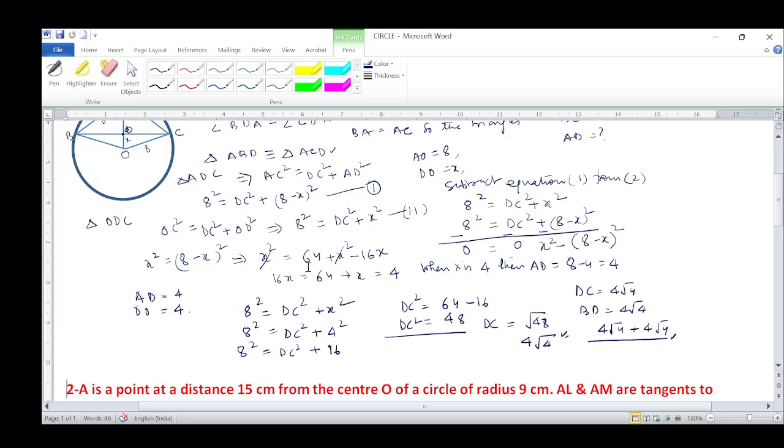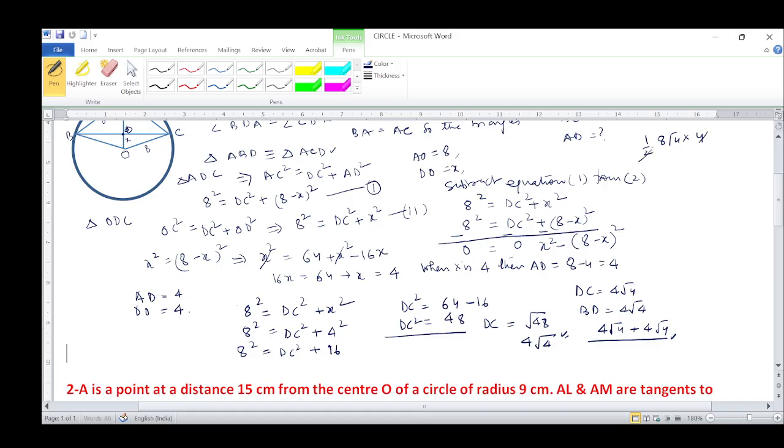Now two things are known to you. So what we do, come to this side. This is half base. In place of base you can write 8 under root 4 into perpendicular, that is 4.